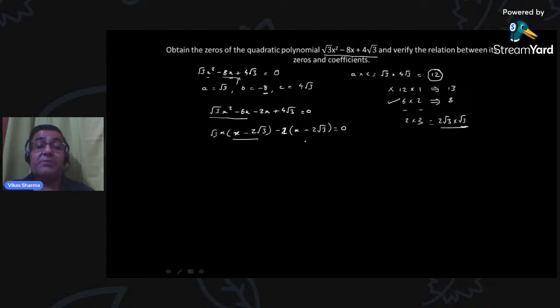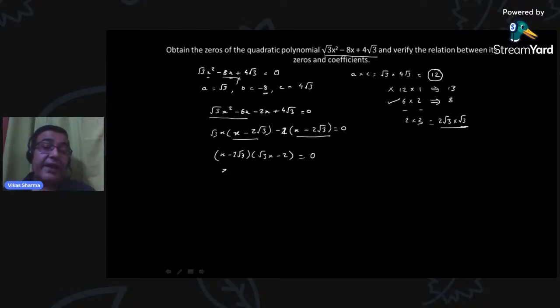Now again, x minus 2 root 3 is common in both of them. We take that as common. We'll be left with root 3x over here and minus 2 over here. So that means this is equal to 0. Now if the product of two factors is equal to 0, that means either one of the factors should be equal to 0.